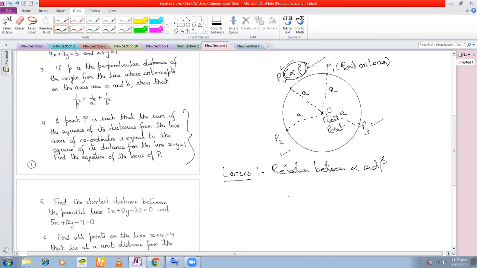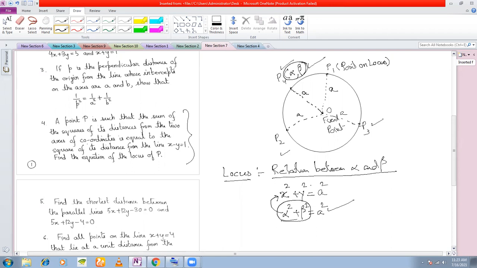For example, the equation of a circle, which we'll do later, is x square plus y square is equal to a square. We can derive this condition by taking alpha and beta. We'll get alpha square plus beta square is equal to a square. And then we change this to current coordinates, x square plus y square is equal to a square. So what is the relation here between alpha and beta? Alpha square plus beta square is equal to a square. So just remember this, that a locus is nothing but a relation between alpha and beta.